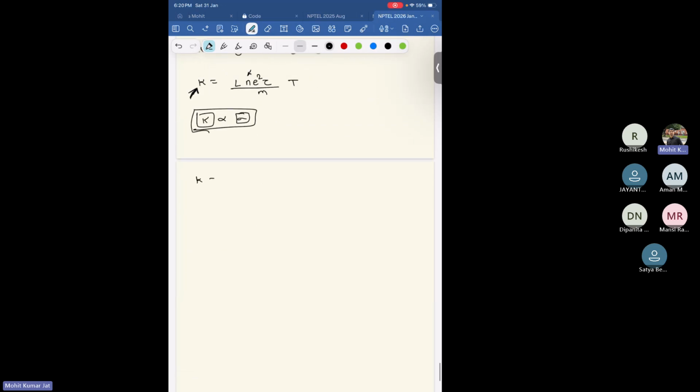Now if I just take K equals n L, if I substitute the values: 2.44 into 10 power minus 8, this is the Wiedemann-Franz law constant. Then carrier density is 18.1 into 10 power 28. e square is 1.6 into 10 power minus 19 whole square.